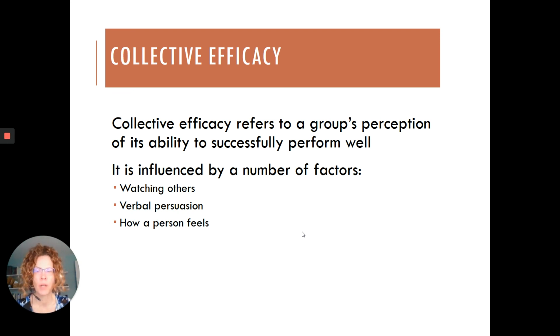Well, watching others, the verbal persuasion that a boss might offer, and then how the person feels. Do they feel like, wow, these people have my back? I feel like we together can do anything. That championship is ours. This project will be the best that's ever been done in this organization because we, everybody on my team, this group, we have all kinds of confidence in ourselves as a group.